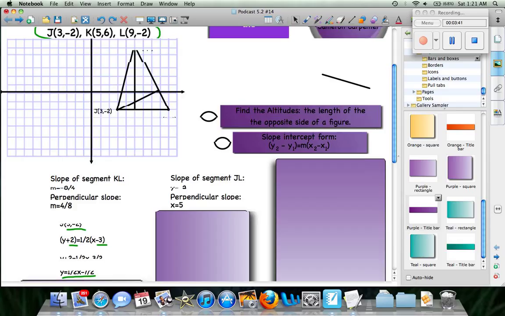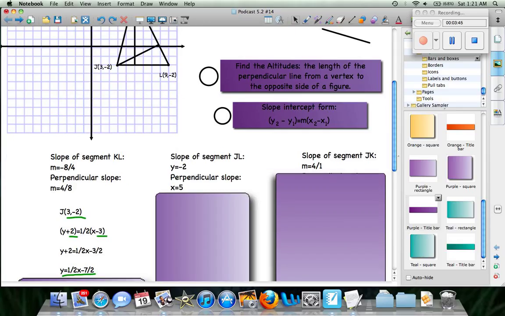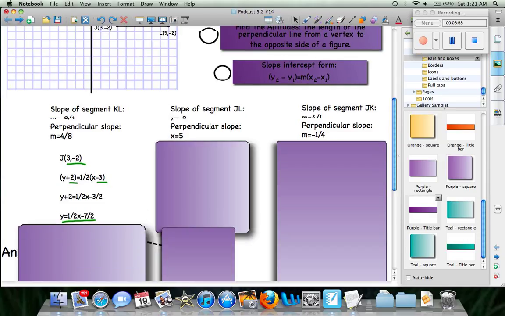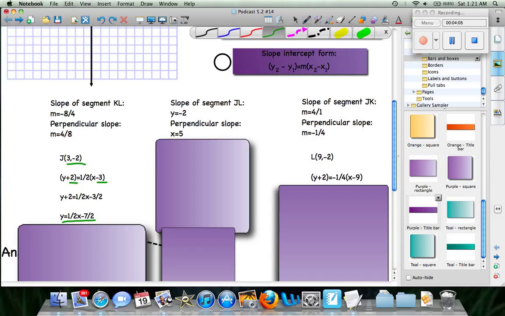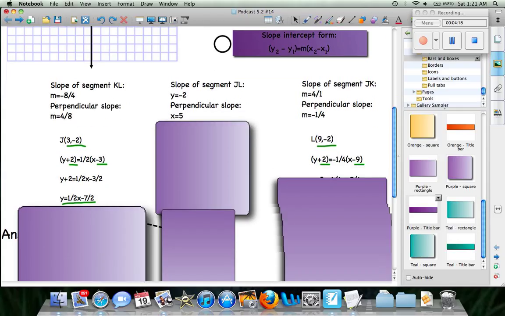And then next we want to find the slope of segment JK, which is 4 over 1. And then the perpendicular slope of that would be -1 over 4. So then we're going to use our point L, which is (9, -2), and plug that into the point-slope form, which would be y plus 2 equals -1/4 times (x minus 9).